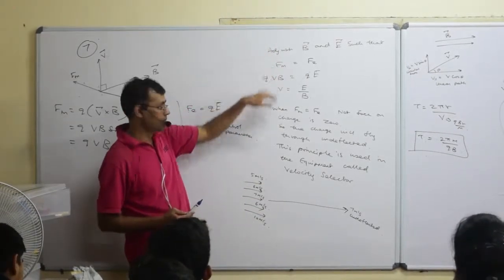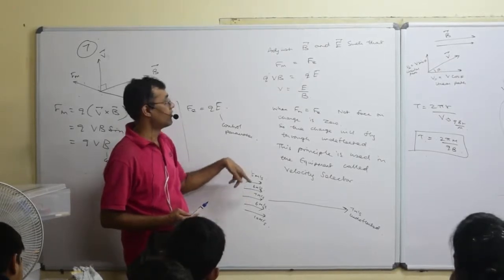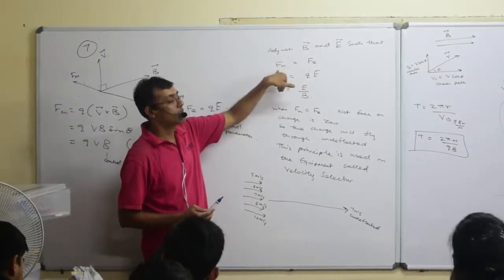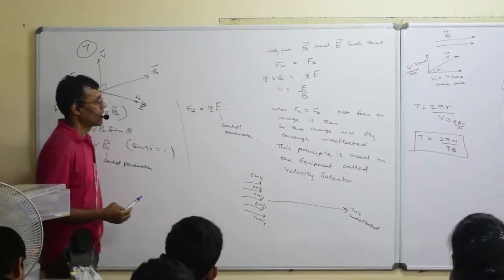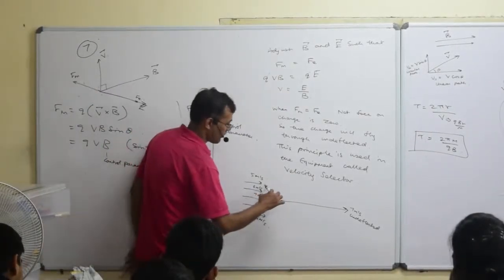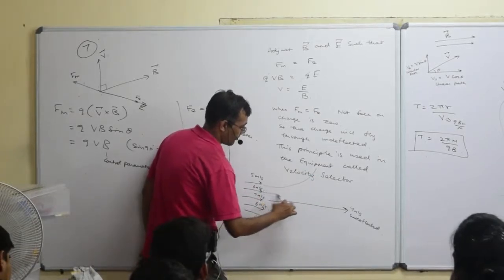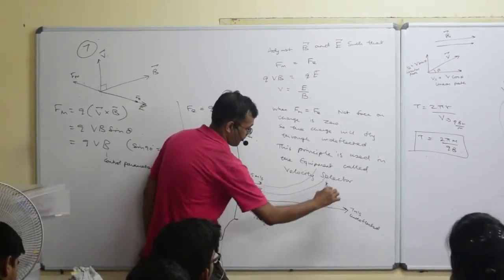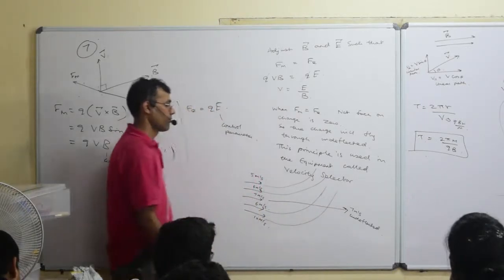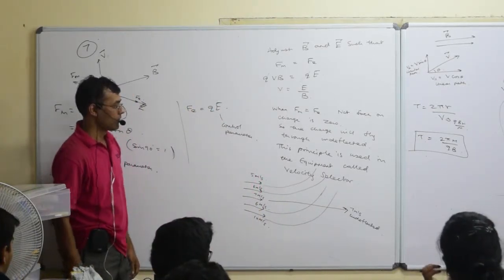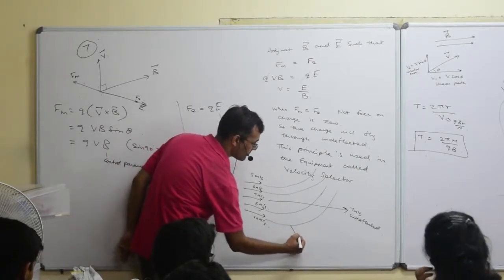The force experienced by the other charged particles will not be equal, Fm is not equal to Fe. So these velocities will experience some force, and they will get deflected.